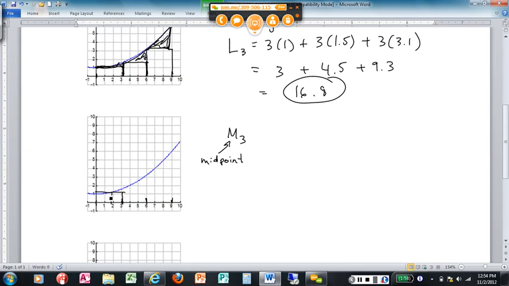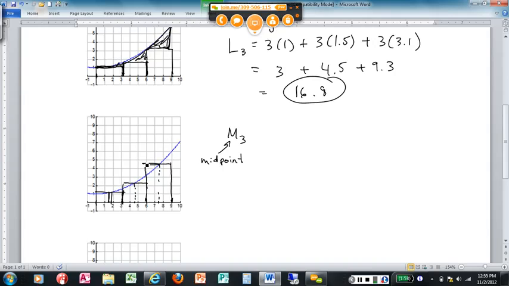It looks a little bit off from where it was supposed to be. It's supposed to be right there. The next one is at 4.5, because just add 3 to that 1.5. So if I come up at 4.5, it gets me somewhere around there. So my height of my rectangle is that. And then what would be the next one? 7.5. So come up in the middle, 7.5, and that gives me.